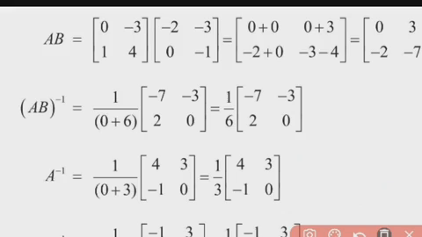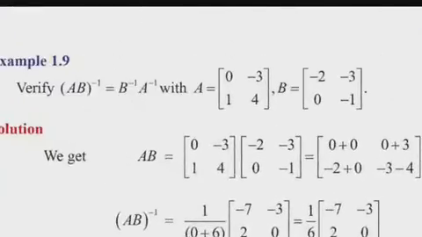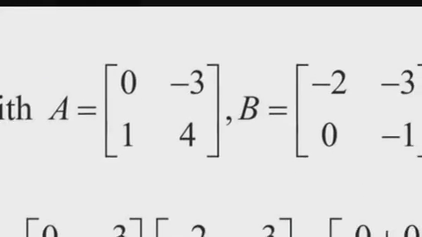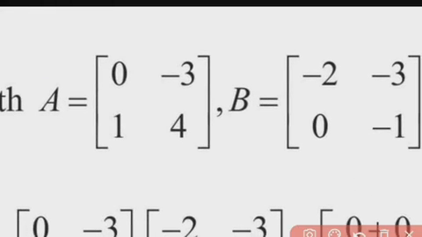Next, the adjoint of A: you change the sign here, 4 becomes here and 0 goes there, and here -1 and +3. So the adjoint of A is 4, +3, -1, 0.